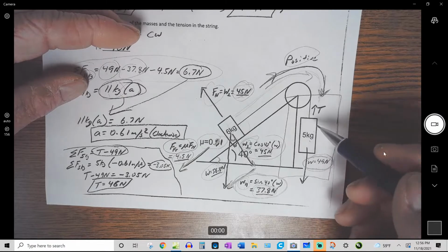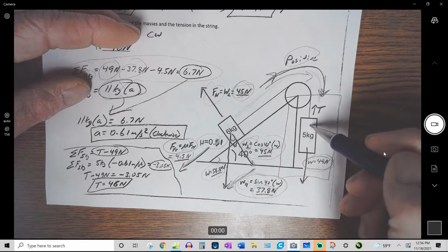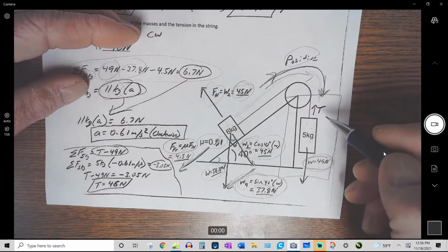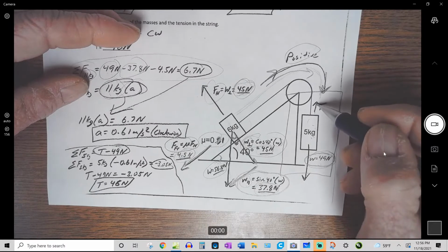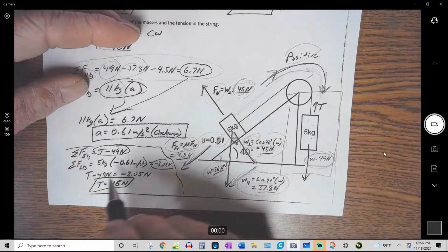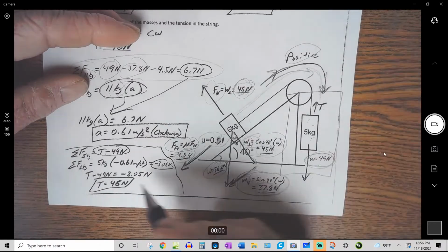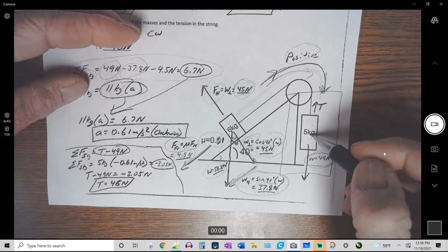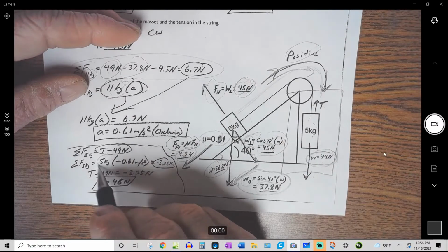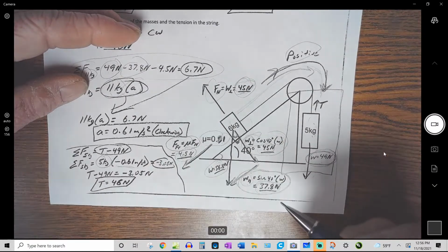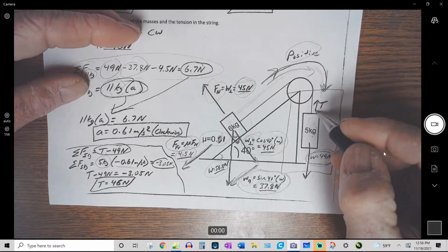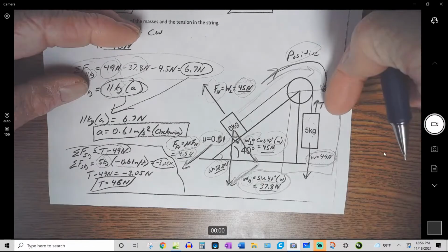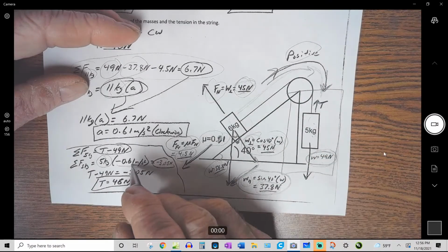And write equations for net force for this 5 kilogram mass. So the net force, based on the sum of the forces, is the tension pulling upward, so that's positive, minus the weight going down, that's negative. The other way to write the net force is to multiply this mass times its acceleration. And I've written 5 times negative 0.61. Because if I'm going to call this a positive T, and this is accelerating downward, then that needs to be a negative acceleration.